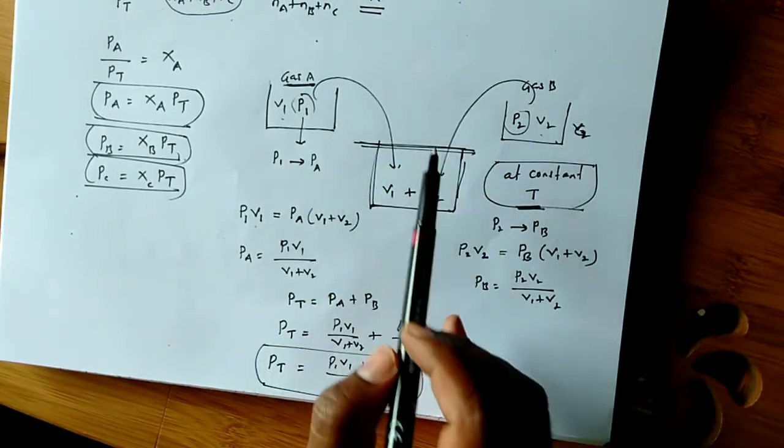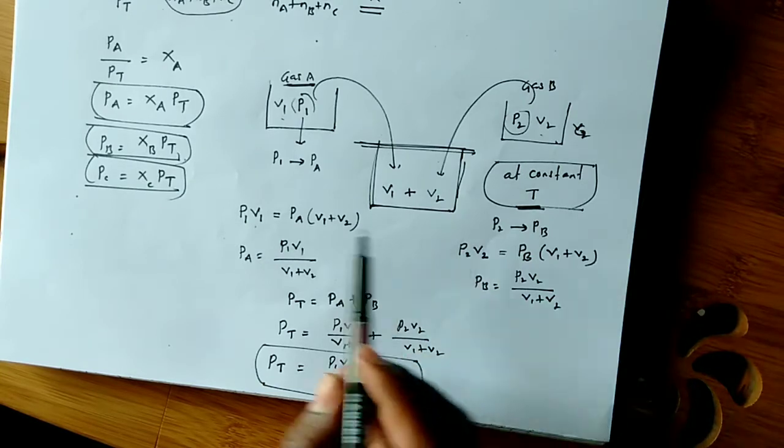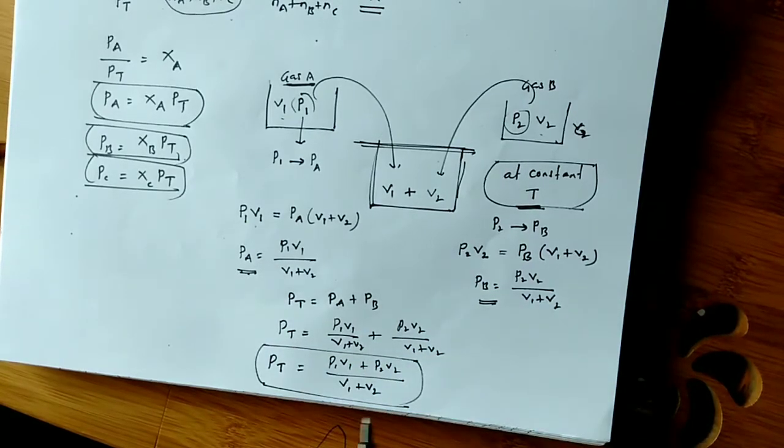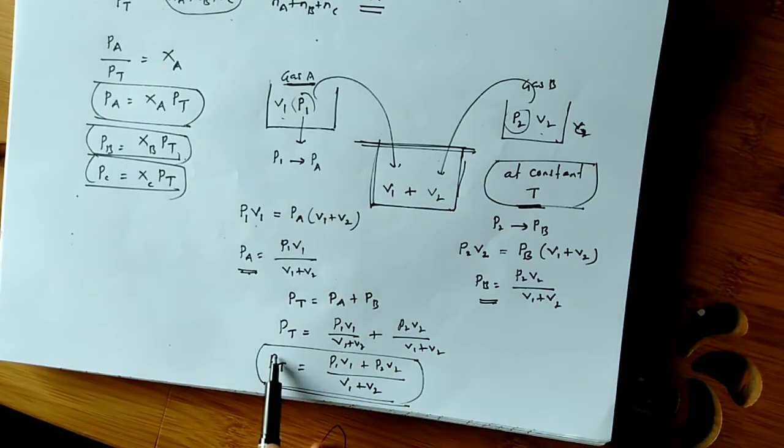After mixing of these two gases, their partial pressures will be different for gas A and gas B. So this is the formula to find the total pressure of a mixture when two gases are mixed from two different pressures and two different volumes.